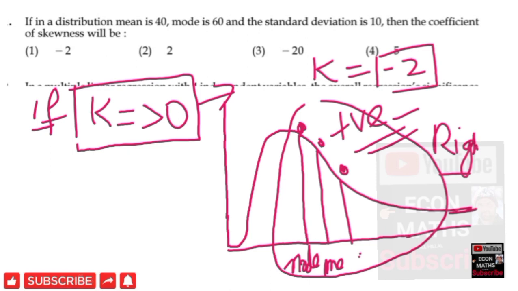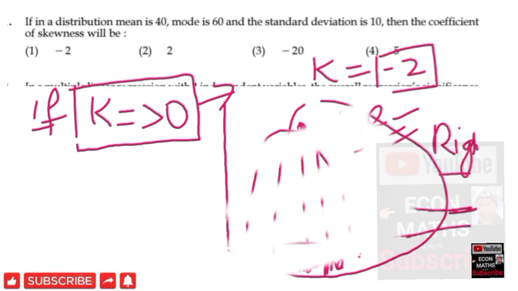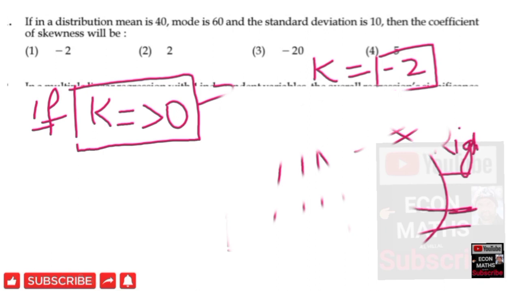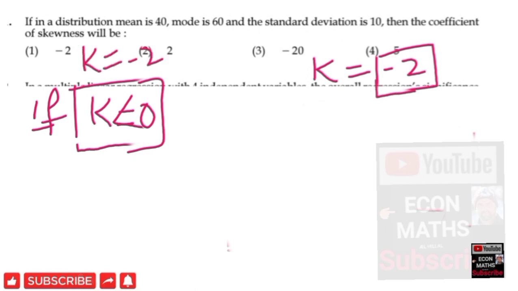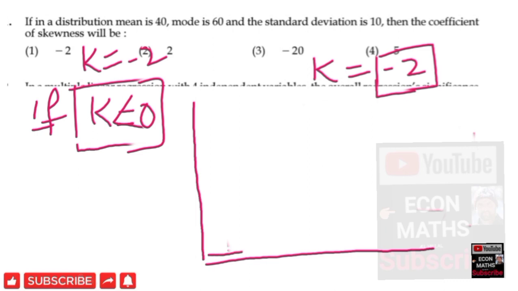Now if we get the value of skewness which is less than 0, which is the case in this numerical, that is we have k equal to -2, the distribution would look like this. It would have a tail on the left side like this.